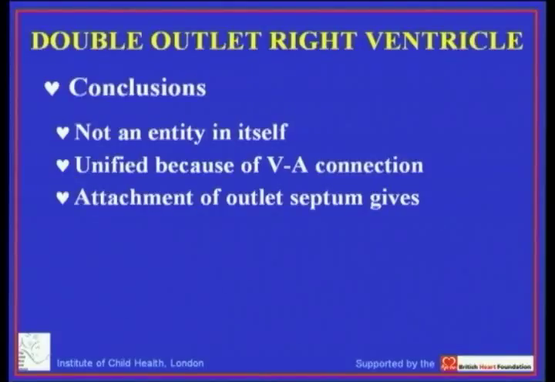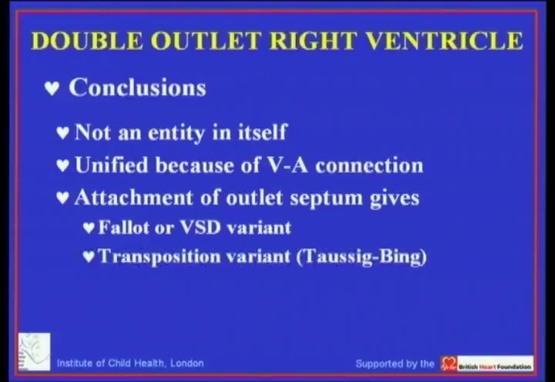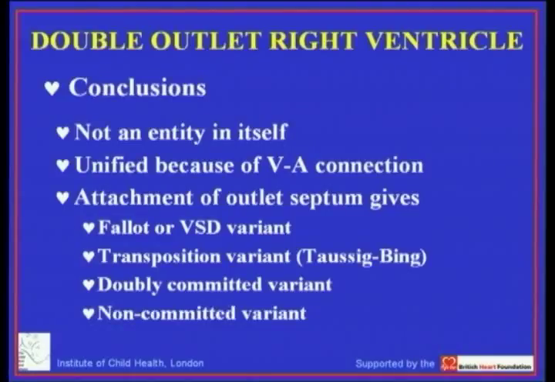And it is the attachment of the outlet septum that is the key to the distinction between these subsets, giving us the variants that can be described as Fallot-like or ventricular septal defect-like, depending on the presence or absence of pulmonary stenosis, the transposition variant, the so-called Taussig-Bing malformation, the doubly committed variant, which merges into double outlet left ventricle, and finally the non-committed variant.